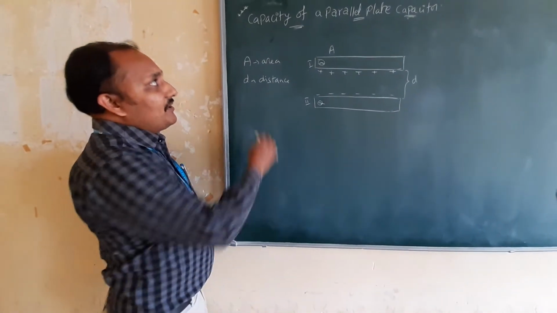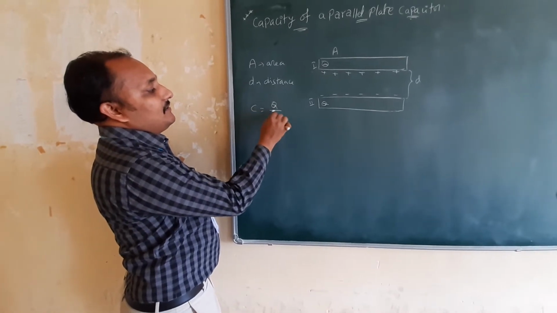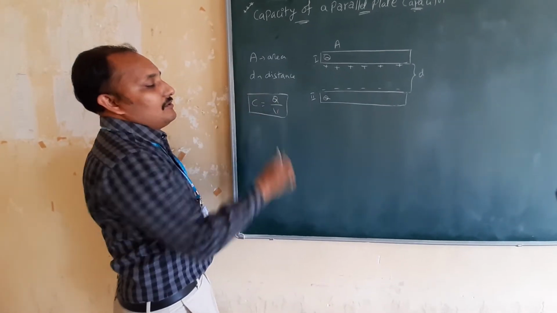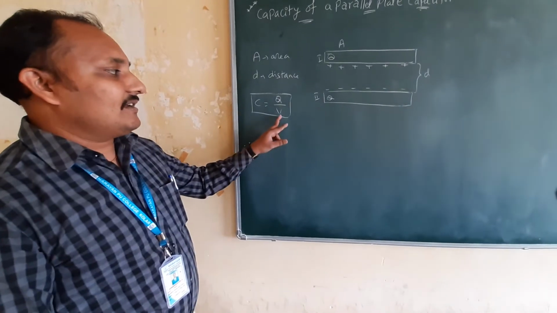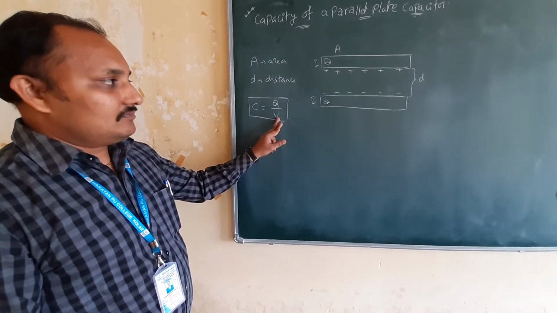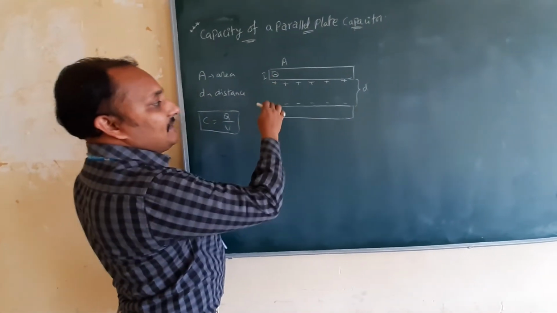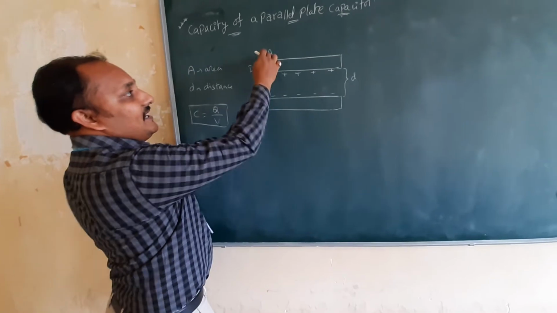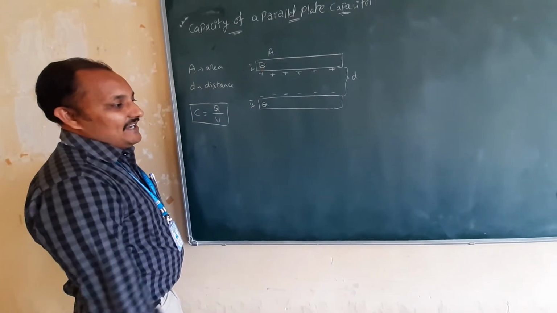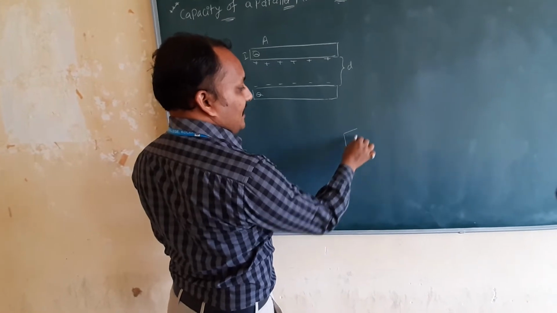Now we are going to find the capacity. What is the capacity formula we came to know? C is equal to Q by V. We are going to calculate this way. How are we going to calculate the potential? Whenever we take one positively charged metal plate or negatively charged metal plate, it will produce an electric field. Do you remember the infinite plane sheet?